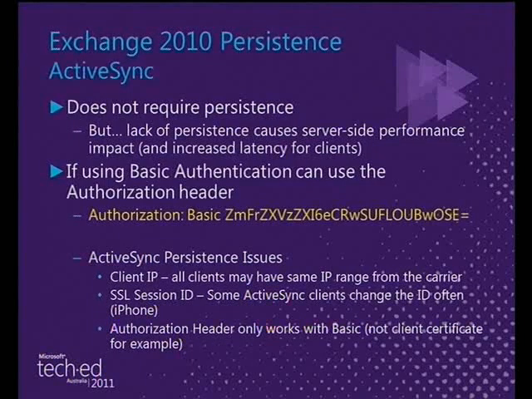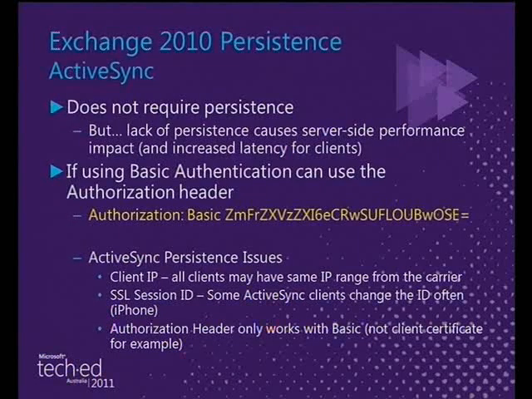We have other persistence options for ActiveSync, right? You could use client IP. The catch here is I'm not sure about the carrier situation in Australia, but in the US, we have a lot of carriers that use NAT. And so all devices coming from AT&T, for example, would have the same public IP address or one or two different public IP addresses. So if we have 20,000 ActiveSync devices, they're all coming in from 2 public IPs.